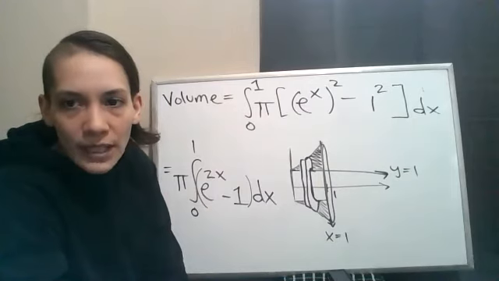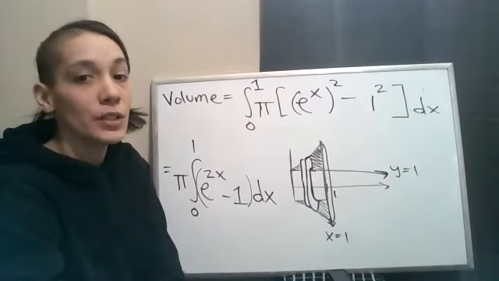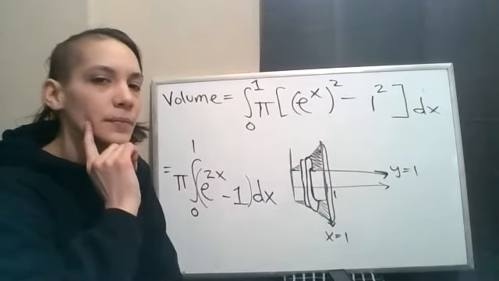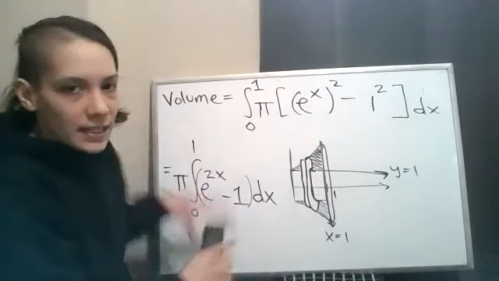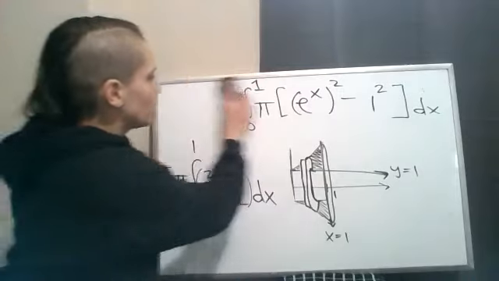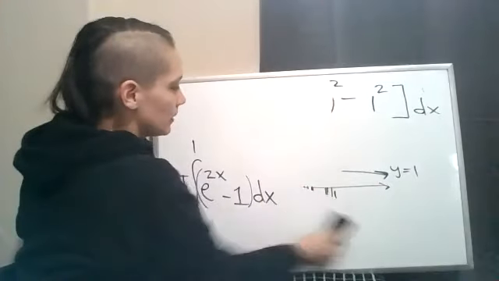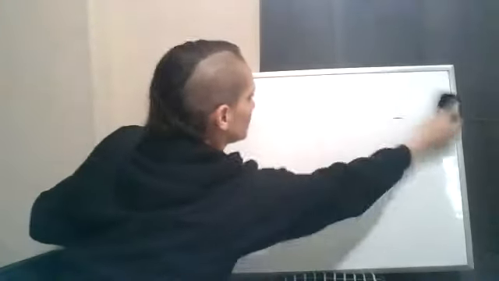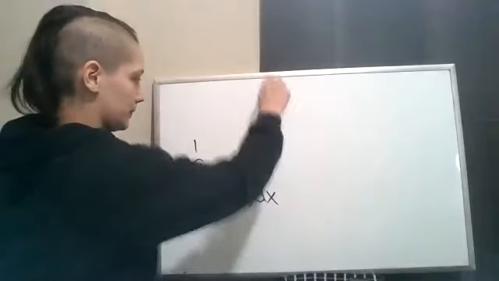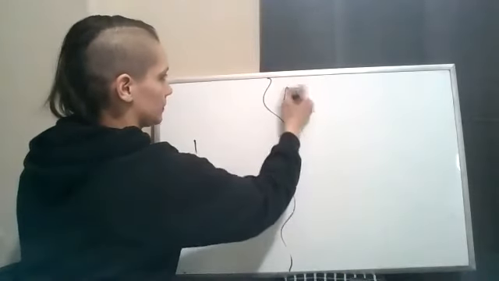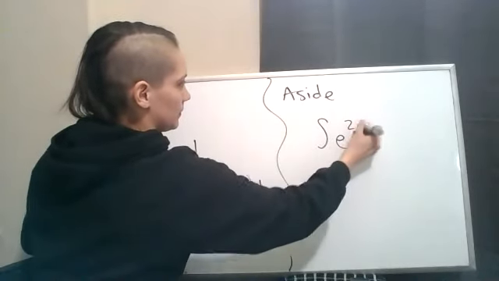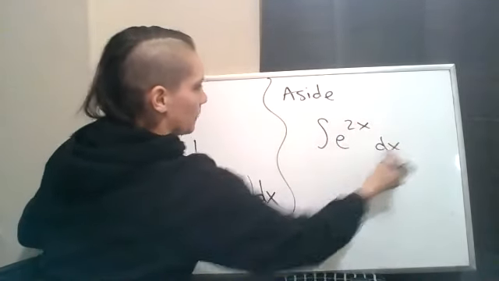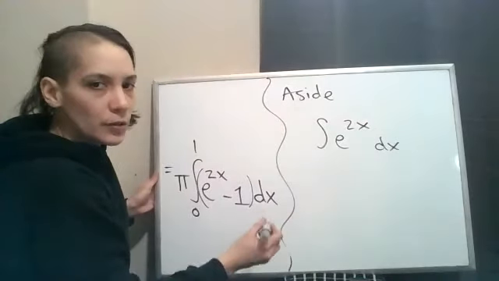Oh, how would you integrate e to the 2x? Oh, use a u sub. Maybe we have a few minutes. Let's do just that piece and then say goodbye. So scratch work. Do a u sub and let u be 2x.